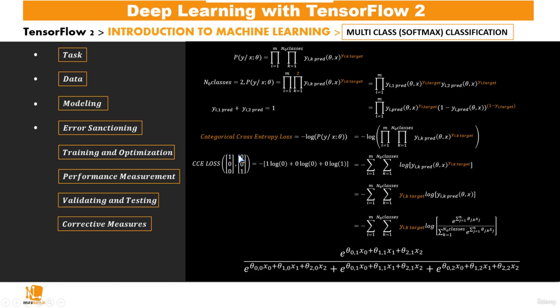Note that in this case we just have one data point, so m is 1, in fact this summation is taken off because we're going from i equals 1 to 1, so we don't have other terms here. So we just have to work with k equals 1 to the number of classes. In this case we have 3 classes, so we have negative 1 log 0, plus 0 log 0 plus 0 log 1.